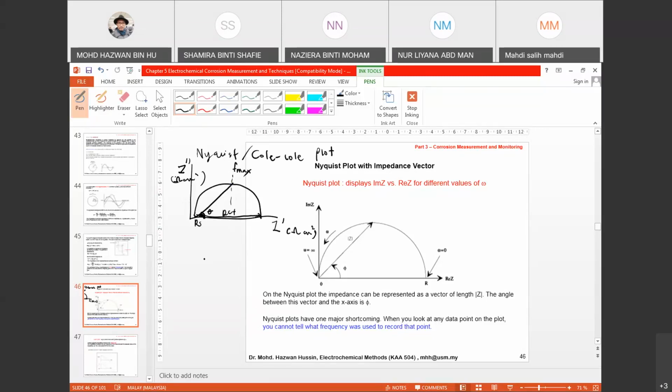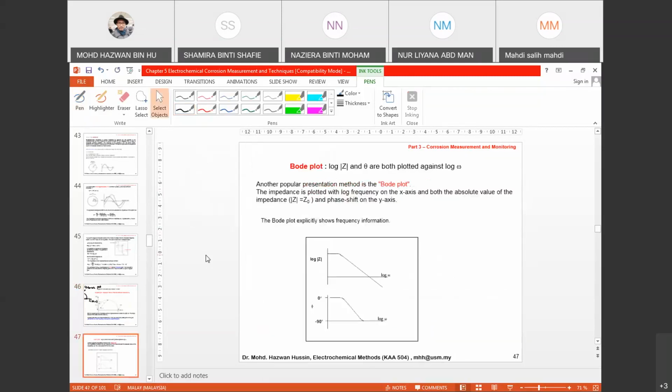You can only see it using the Bode plot, because from the Bode plot you know at which frequency the charge transfer resistance or solution resistance starts to form.